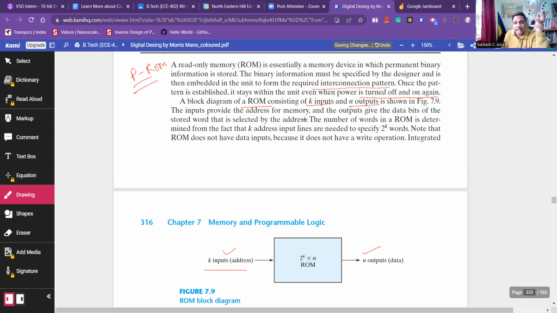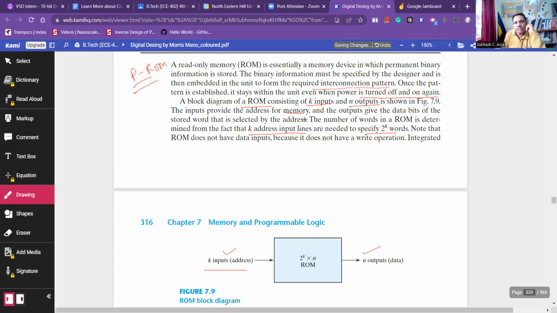The input provides the address for memory, and the output gives the data bits or the stored words that are selected by the address. The number of words in a PROM is determined from the fact that k address input lines are needed to specify 2 to the power k words.